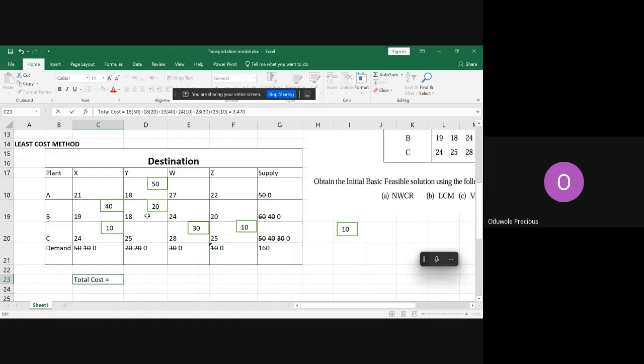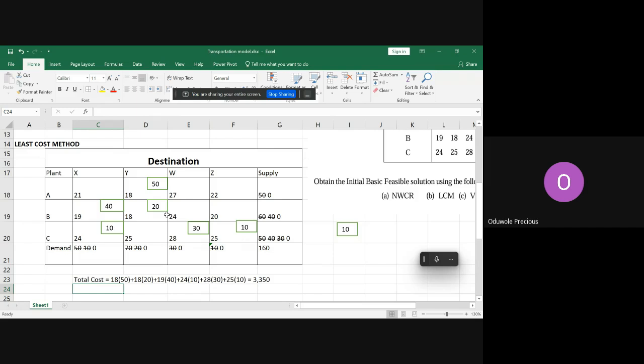You calculate it with your calculator. 18 times 50, 18 times 20, 19 times 40, 24 times 10, 20 times 30, 25 times 10. Okay, if you calculate everything now, this should give us 350.